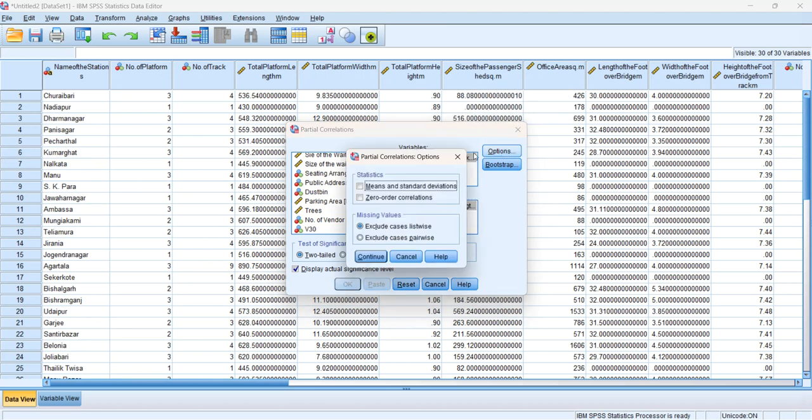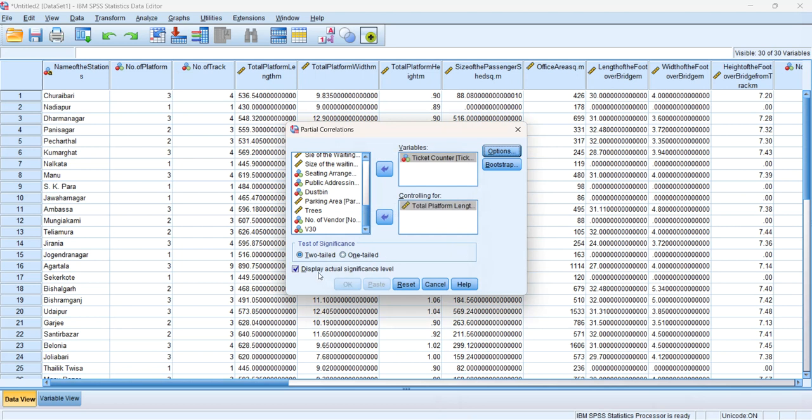Then go to options, you can add the mean and standard deviation, or even not. Our main purpose is only to display the actual correlation level, and we are just going to the two-tailed test of significance. You can add multiple things over here as the controlling factor.